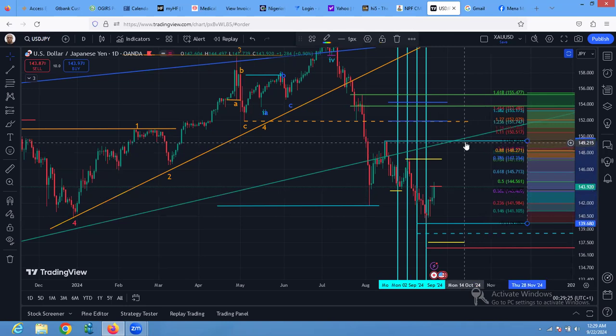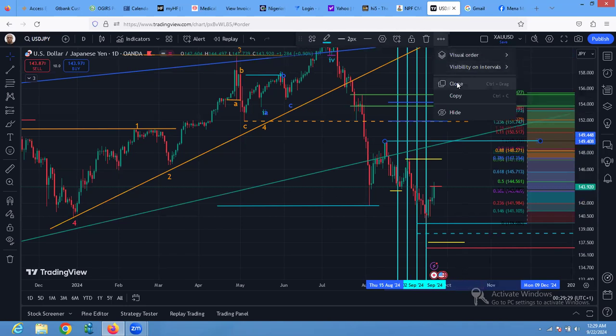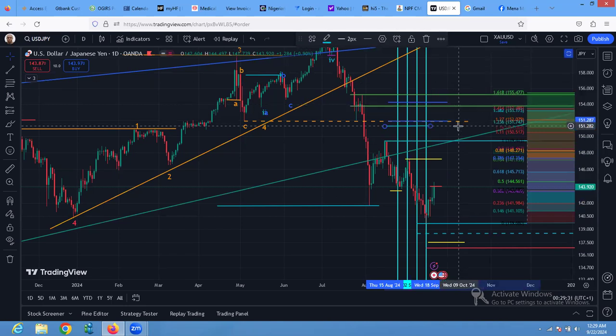Then I may want to sell from here if it continues to break up. It's because of the weakness that I'm entertaining on the dollar. That is why I'm being careful now.